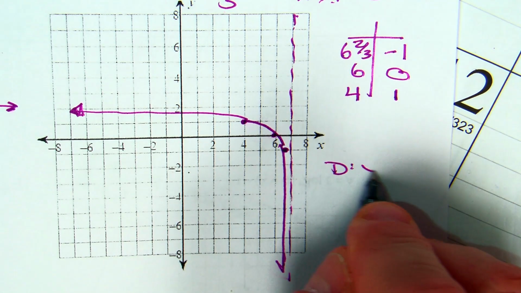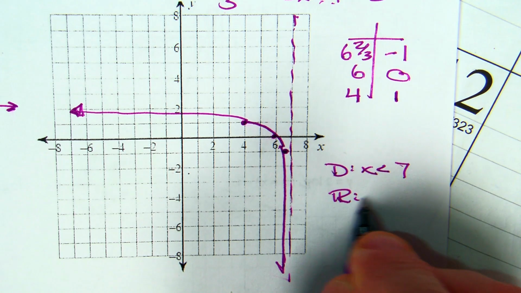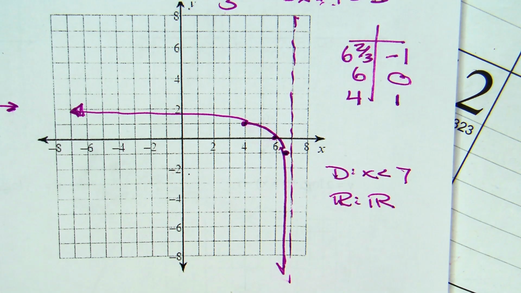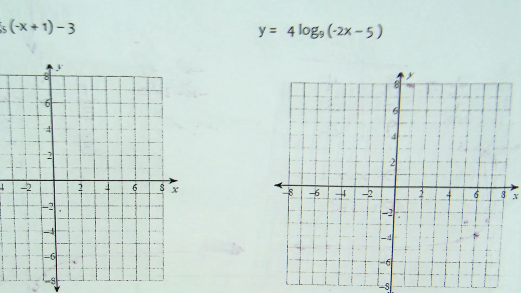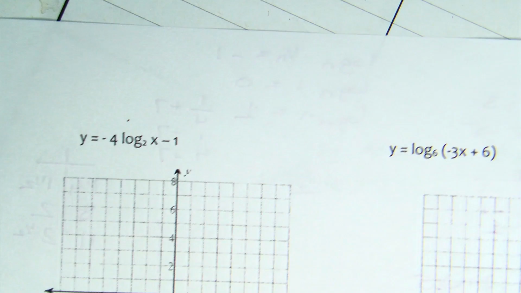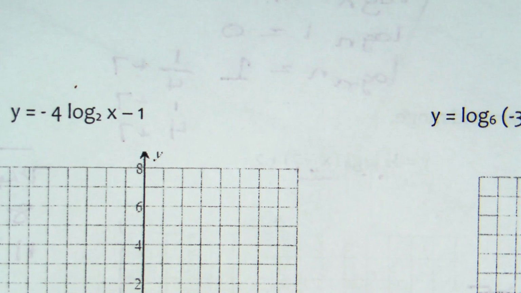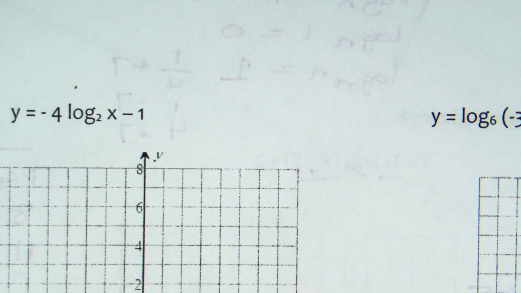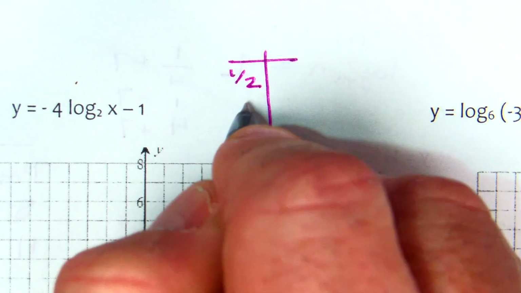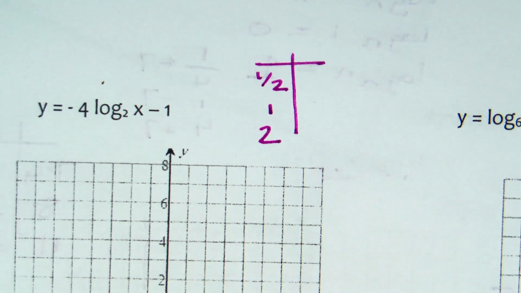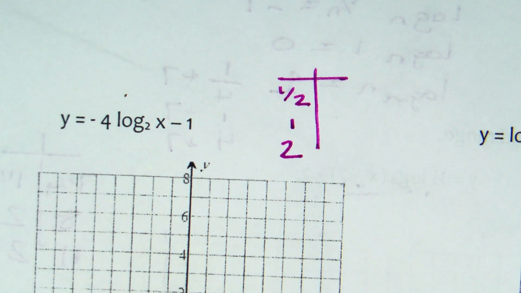Your domain is x less than 7, and your range is all real numbers. Good. Everybody good with that?